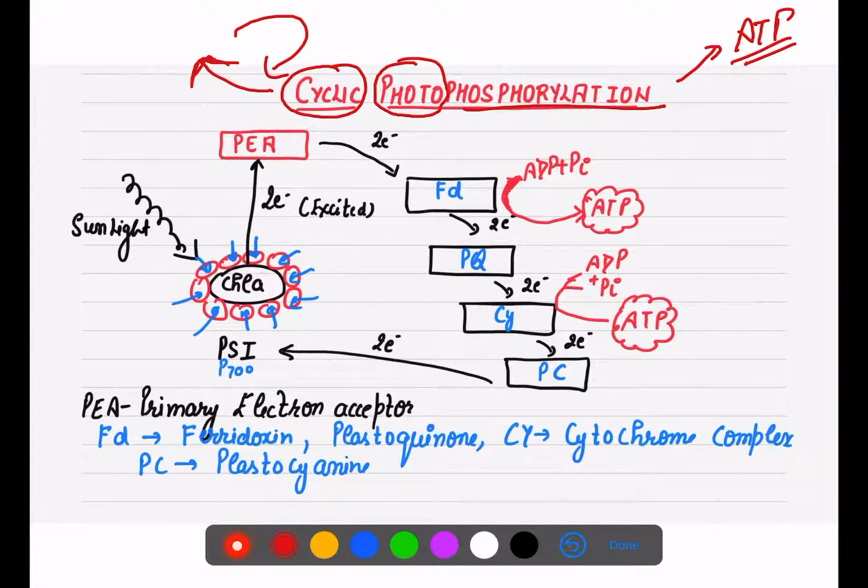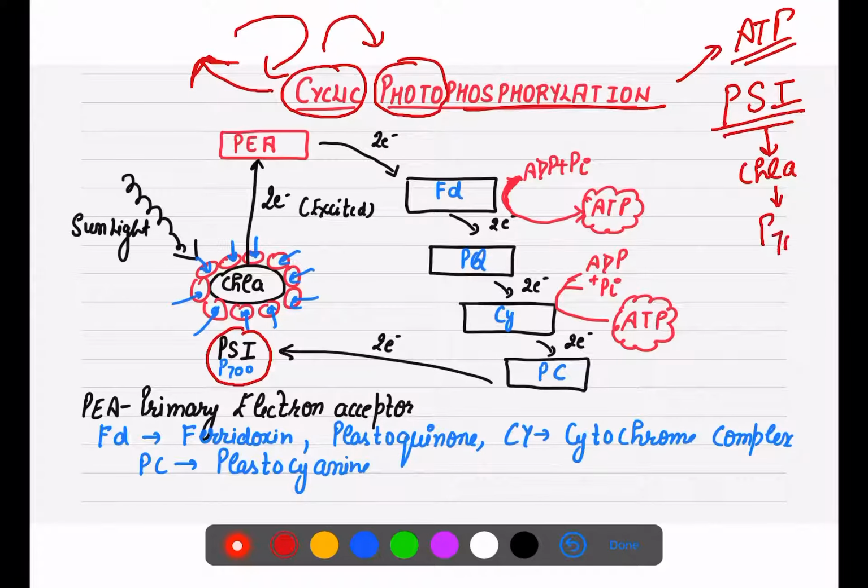So the photosystem, or light harvesting complex, which plays a role in cyclic photophosphorylation is photosystem 1. And now you are very clear that in photosystem 1, chlorophyll A absorbs light at a wavelength of 700 nanometer, right? So let's see step by step what this cyclic photophosphorylation is about.